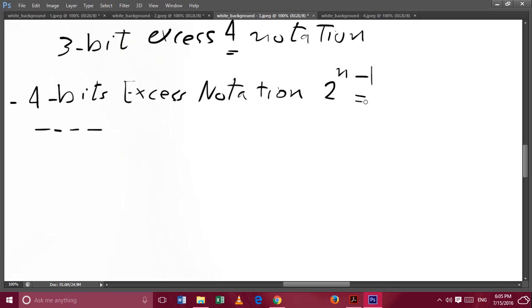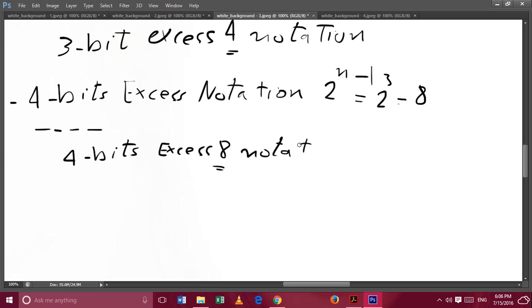So that means 2 to the power of 4 minus 1, which is 3, that equals 8. So this 4 bits excess notation could be written like 4 bits excess 8 notation. Okay, again, how's that useful?